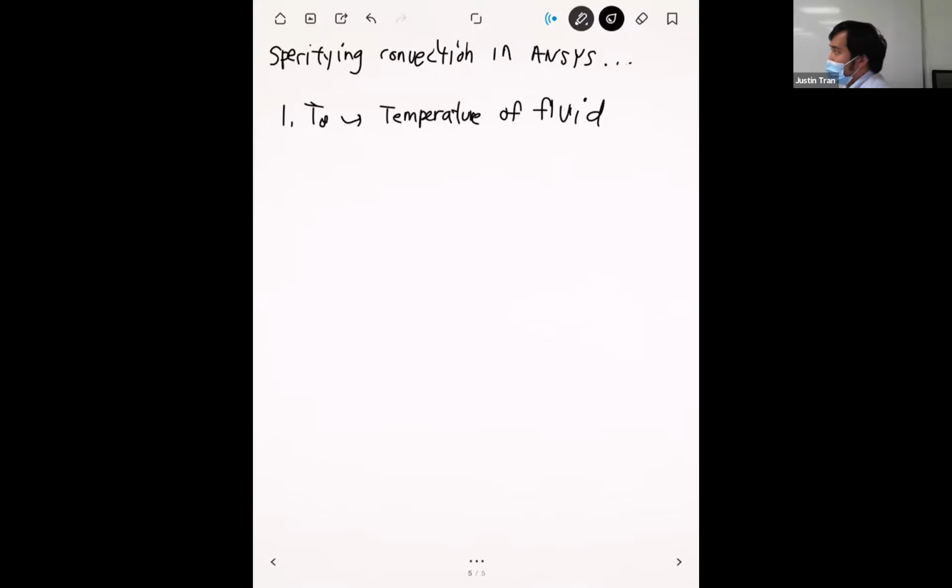Because a lot of times, when you're running a thermal simulation, you're not expressly meshing, or you're not expressly solving for the temperature in the fluid that's around your structure. Okay, or it might be fluid inside your structure, right? And so you need to specify what that temperature is in order to specify a convection type boundary condition. Okay, and a lot of times this is usually not that hard to determine, right?